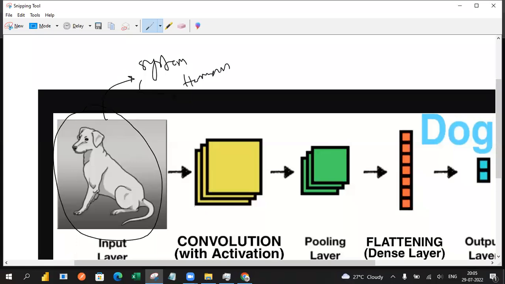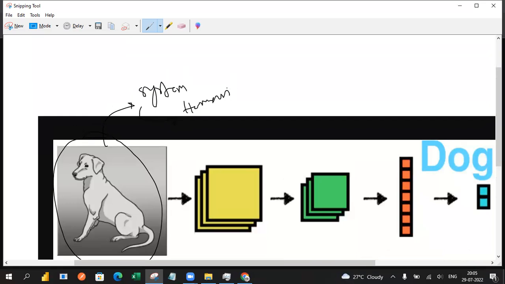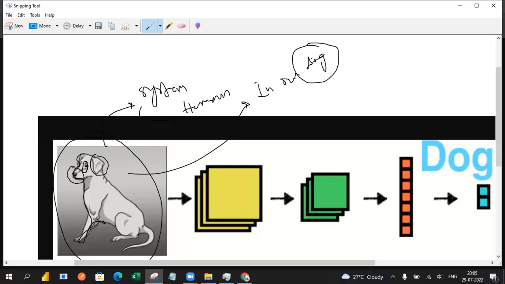A human being is going to identify some patterns according to whatever image you give, like what edges we try to find, how the eyes and the nose look, and how the ears are structured for a dog. This we already know, right? In our memory, we know what a dog looks like. That's the reason I'm calling it a dog. Why am I not calling it any other animal?